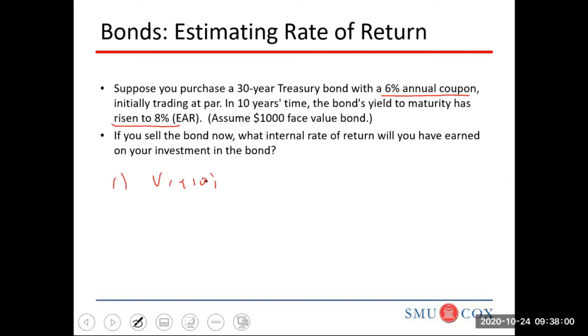And then in step number two, we'll calculate the internal rate of return. If you buy the bond at 1,000, you get the coupons and you sell it at this lower price, what rate of return would you earn? So the timeline for part number one would be starting in year 10 and ending in year 30 with annual payments.